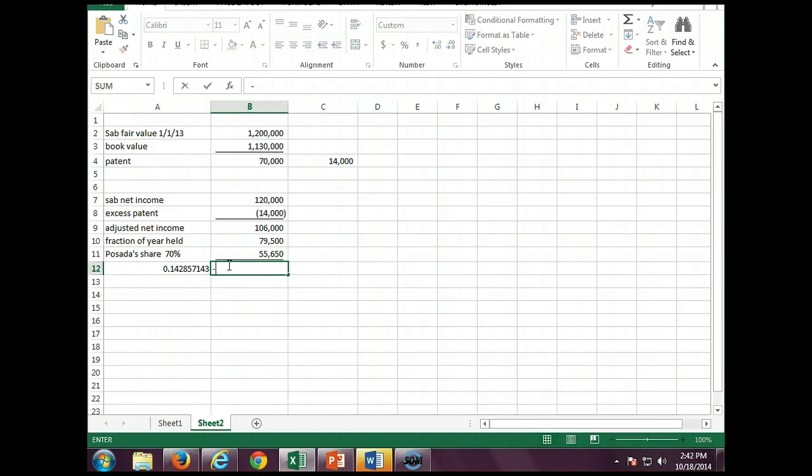So this figure times this should be the amount that's attributable to the income on the shares we're getting ready to sell.